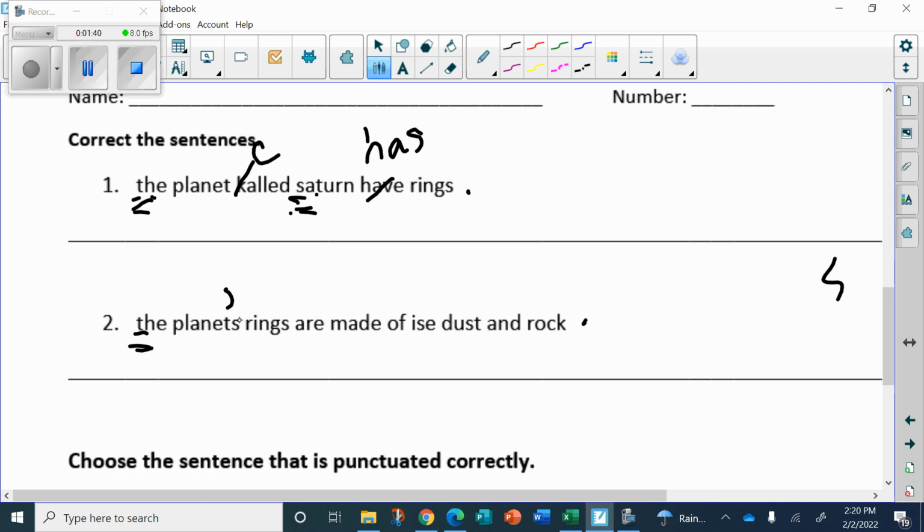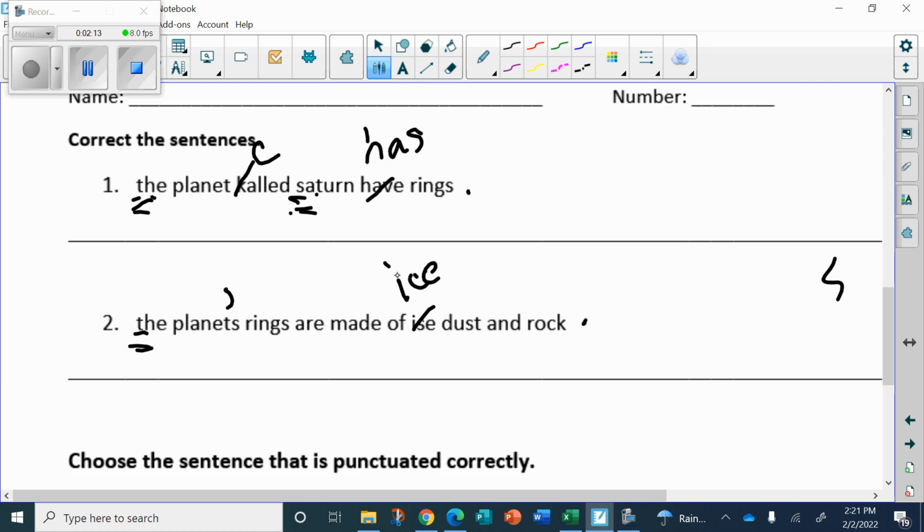Now with rings, it's just plural. It means more than one. You do not put an apostrophe if it means more than one. So the planet's rings are made of ice. Well, ice is not spelled correctly. I-C-E. And I don't know if you remember, but E-I-E-I-Y, when you have E, I, or Y behind a C, the C is going to make the S sound.